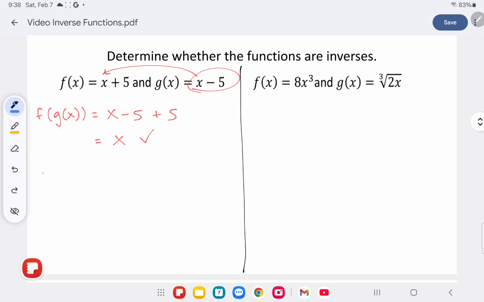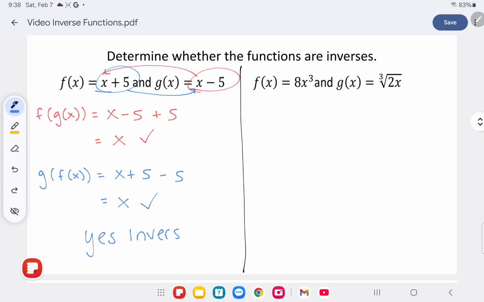Now I'm going to plug f inside of the g function. And when I do that, I get x plus 5 minus 5. And the 5's cancel, and we're left with x. So this time, yes, f and g were inverses of each other.